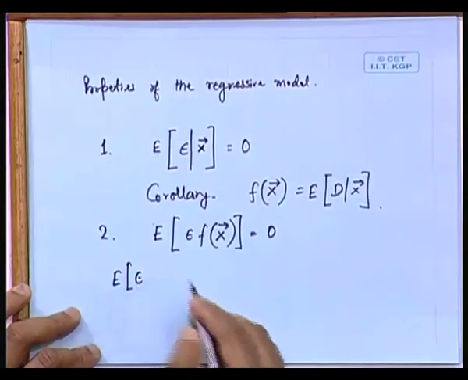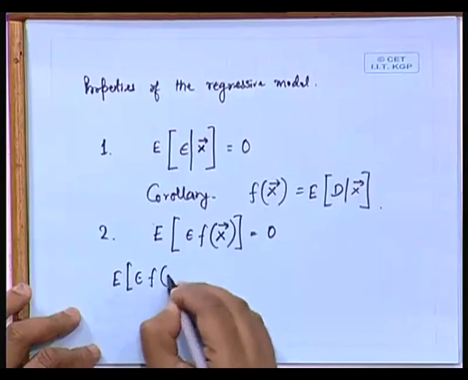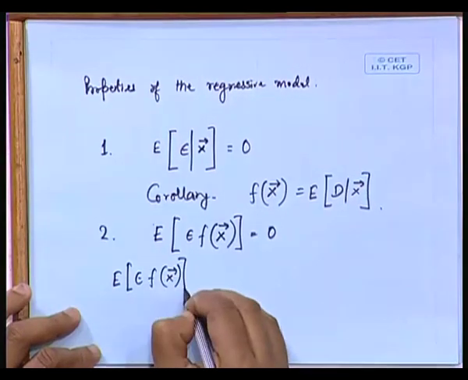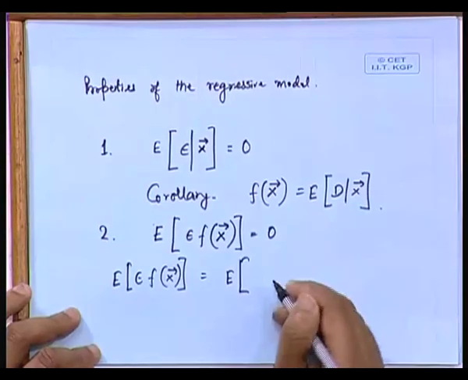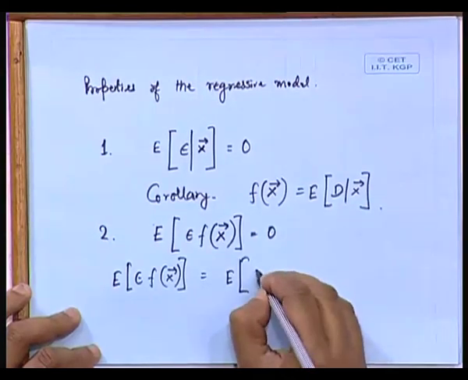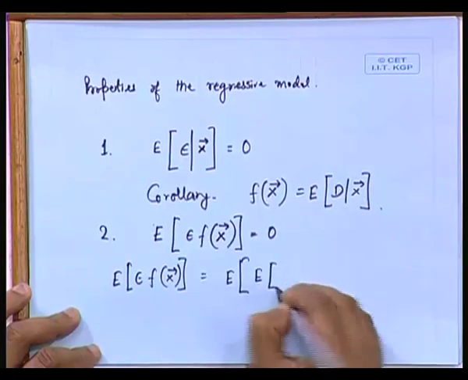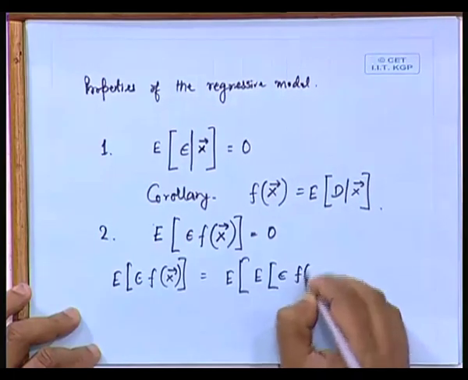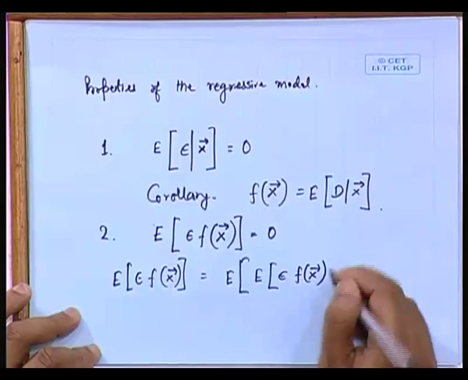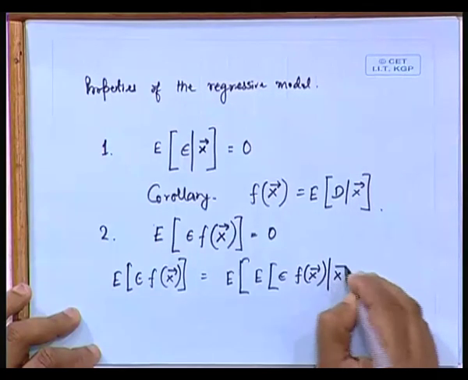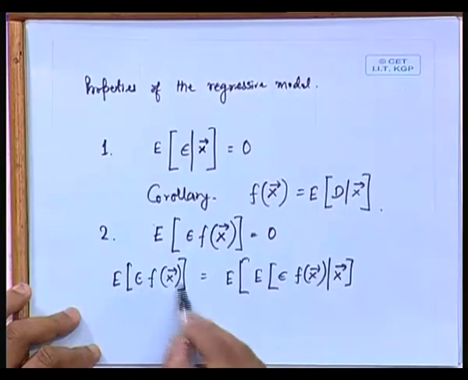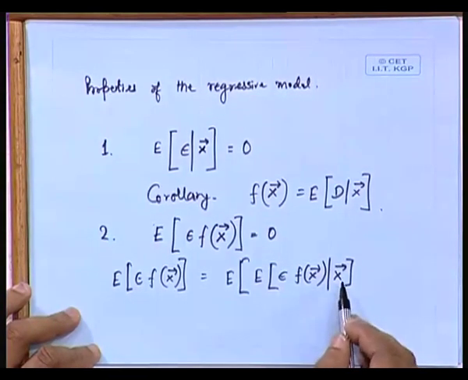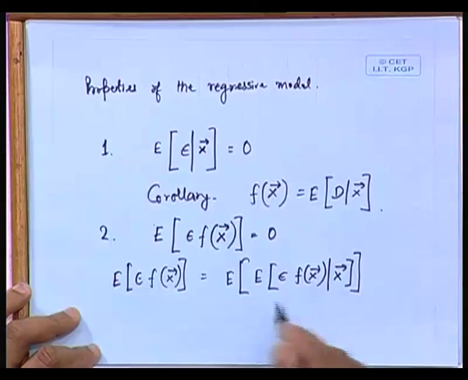The expectation of epsilon f(x vector) we can write as the expectation of epsilon f(x vector) given a realization x vector. The definition itself says that this can be realized as the expectation of this.